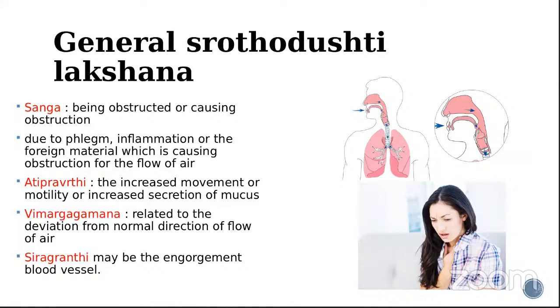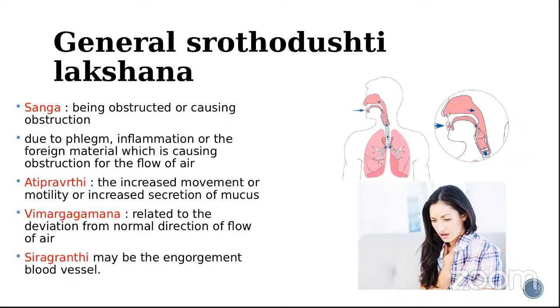The fourth point here is Sira Granthi. We can consider this as some kind of abnormalcy in our blood vessels. Oxygen and carbon dioxide are distributed in our body through the blood. Blood is the supplier for all of them. If there is any abnormalcy in the blood vessels, the proper distribution of blood won't happen, and oxygen and carbon dioxide won't get delivered properly to their places.